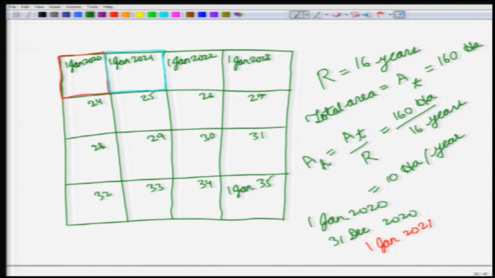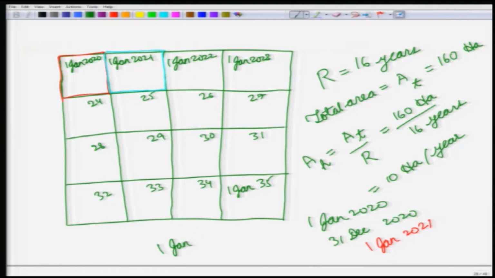Now, if we carry on these operations, what will be the situation on 1st of Jan 2036? On 1st of Jan 2036, the first section that we had felled on 1st of Jan 2020 is now 16 years of age. The section that we felled on 1st of Jan 2021 is 15 years of age.